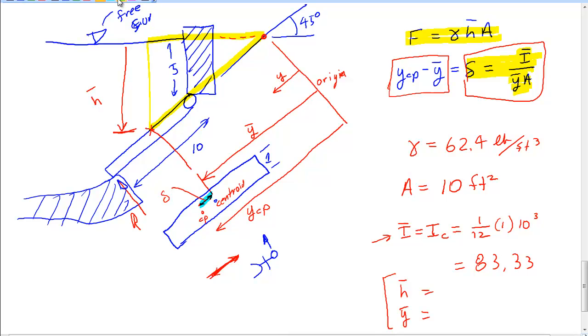Well, I've got parts of these things already figured out. So I'm 5 foot down to here, and I know the distance from here to here. That's 5. Because this is 10, that's 5. Well, that's annoying because here I've got another triangle. I've got this triangle. It comes across.